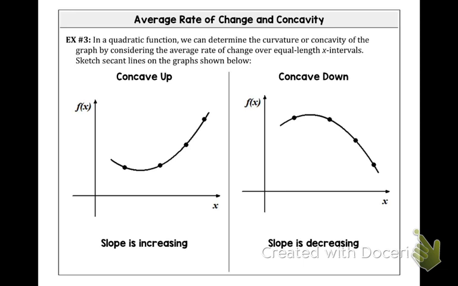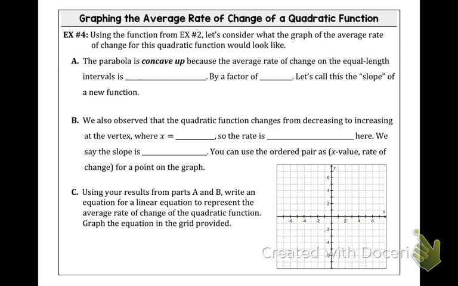So using the function from example 2, which was our quadratic, let's consider what the graph of the average rate of change of this quadratic function would look like. So part A, the parabola is concave up. Flip back and look at 2. Yep, it was concave up, right? It was positive.